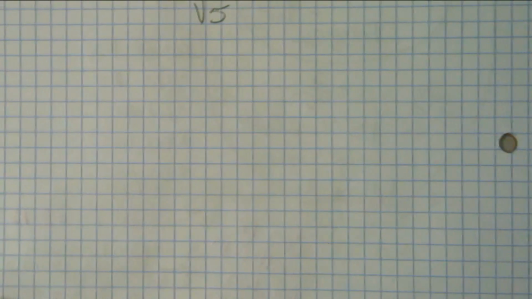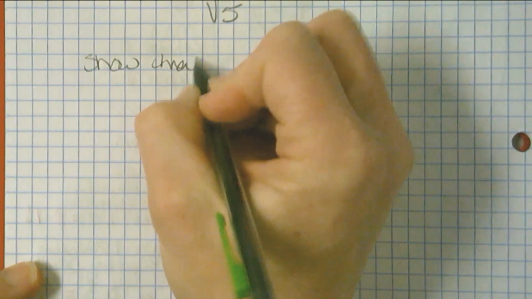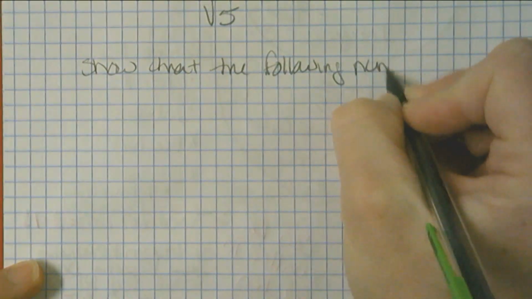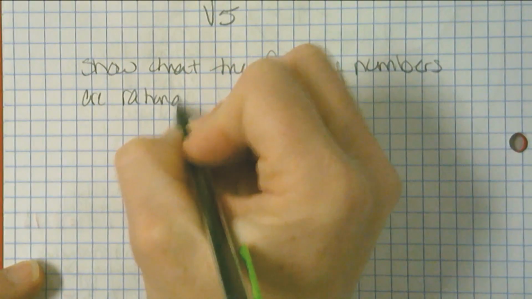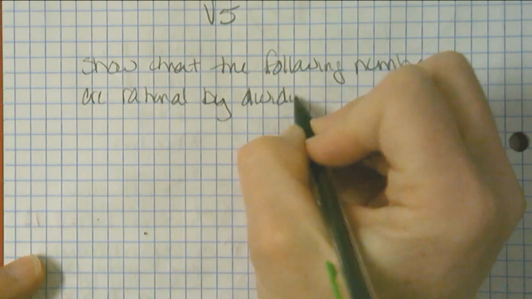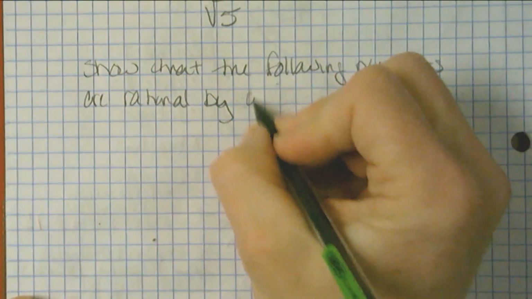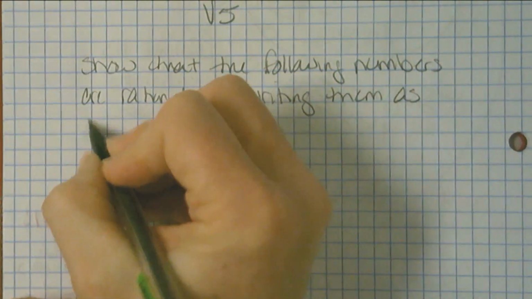All right, so what I want you guys to do is I want us to write these numbers to prove that they can be written as a fraction. So what I want you to do is I want you to show that the following numbers are rational by writing them as a fraction.